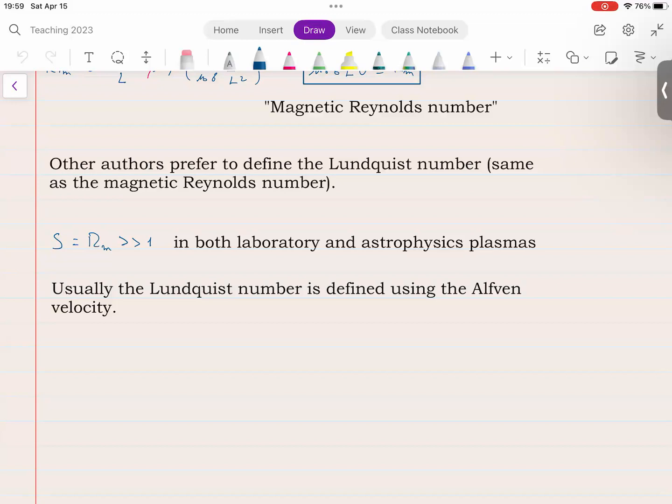But in magnetic confinement fusion, it's pretty standard to see numbers like 10 to the 6, 10 to the 9. In some astrophysics, you can see even larger numbers. And maybe some cold plasmas and some other circumstances, this can be lower, of the order of 10 to the 2, 10 to the 3, but still typically pretty much larger than 1.